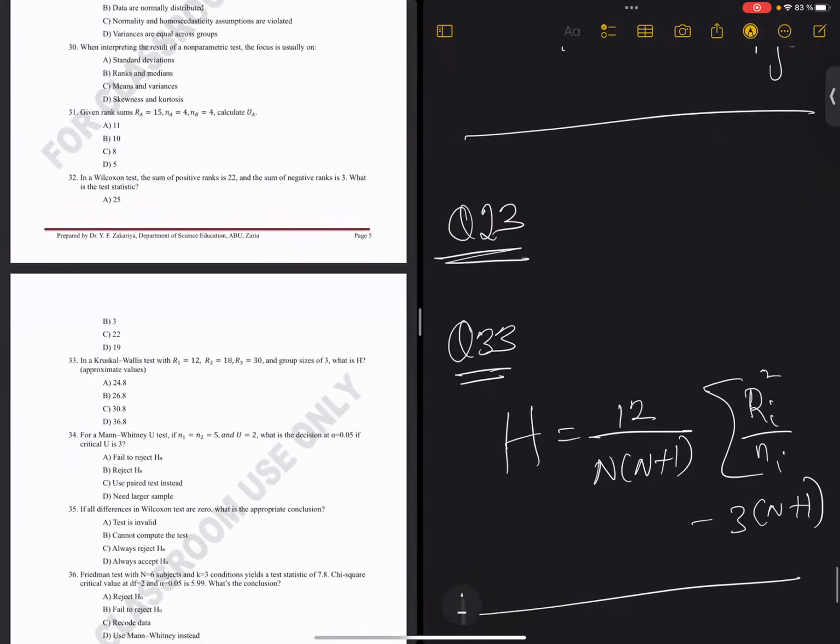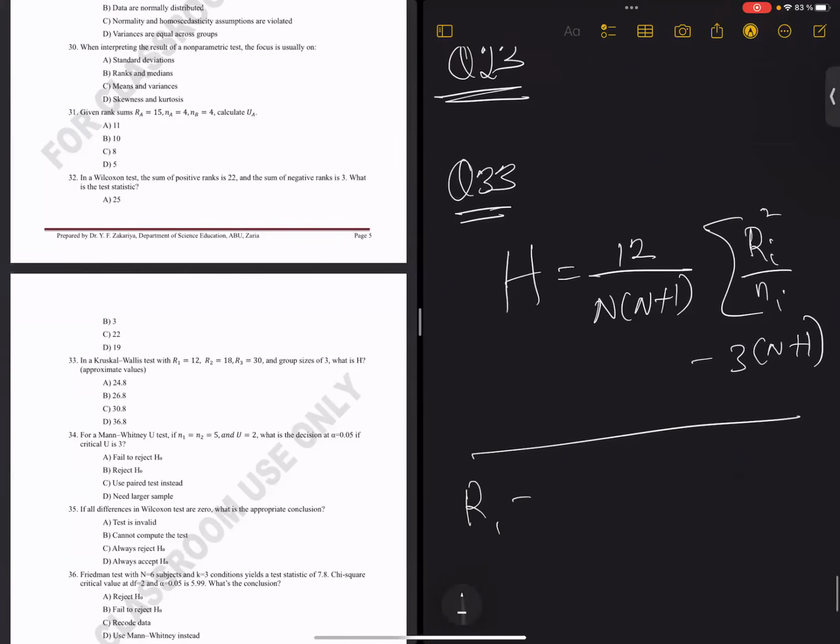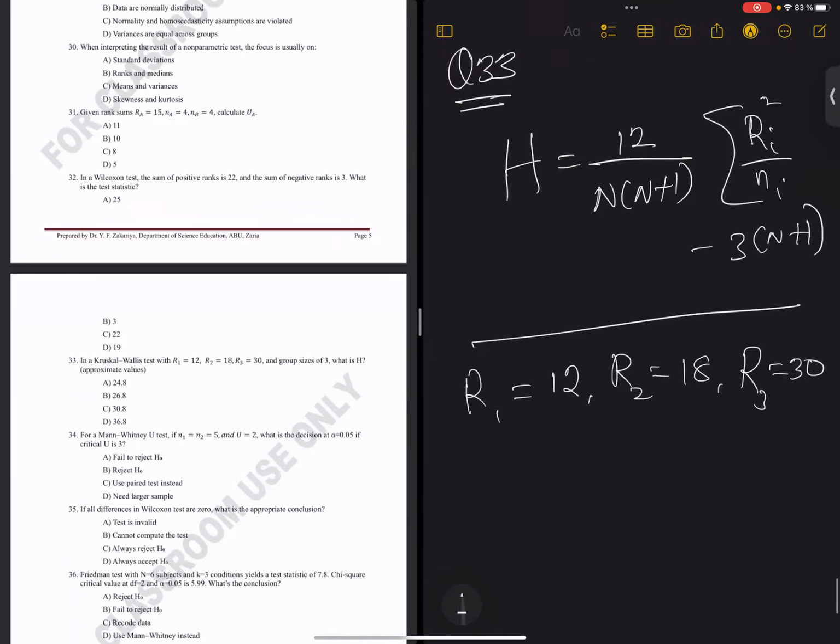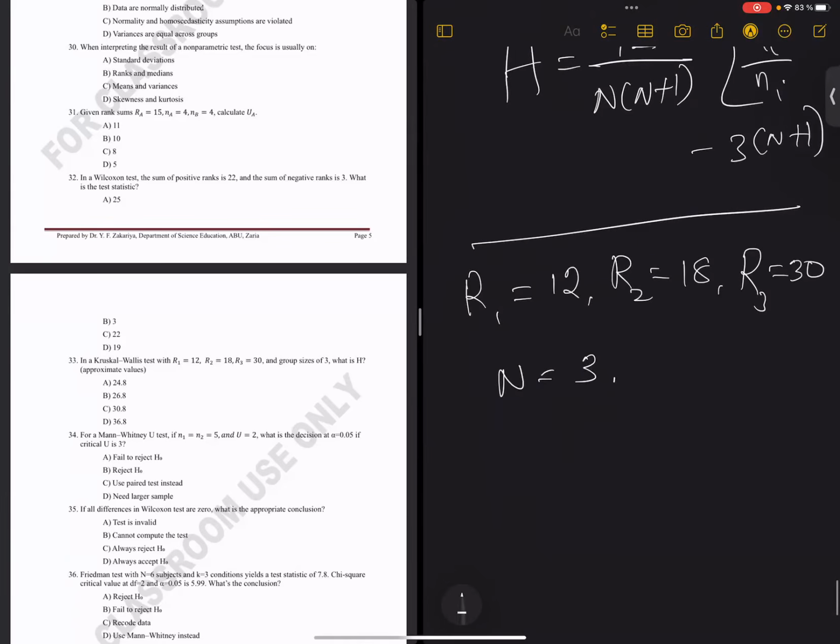So you are given R1 equals 12, R2 equals 18, R3 equals 30. Sample size n equals 3. Just make your substitution.